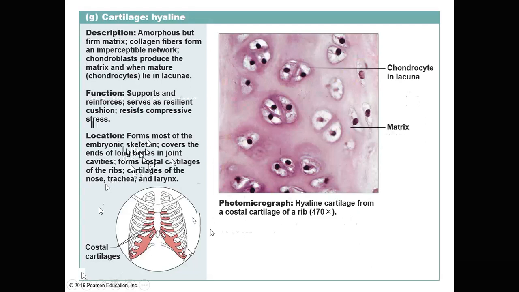So osteons are individual structural units. The individual structural units of bone, and they are highly vascularized. They have a good blood supply.